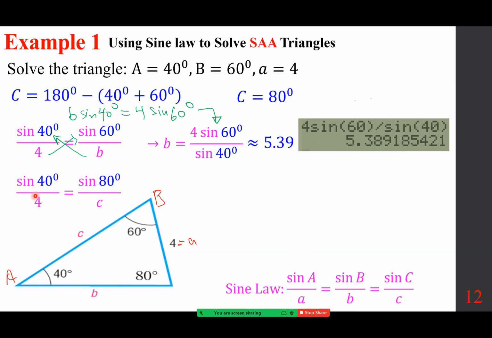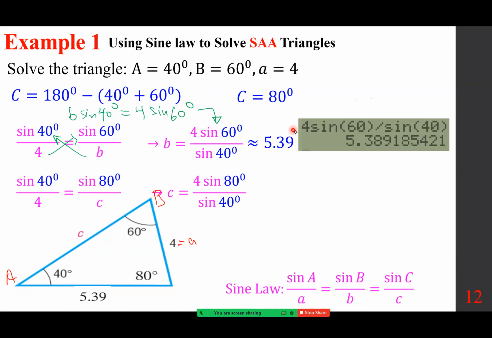We do the cross product here, and lowercase c becomes 4 times sine 80 divided by sine 40. By the way, this is 5.39. So from here, the cross product results in this. Again, you have to use a calculator because 80 degrees, 40 degrees, both of them are not common arcs.